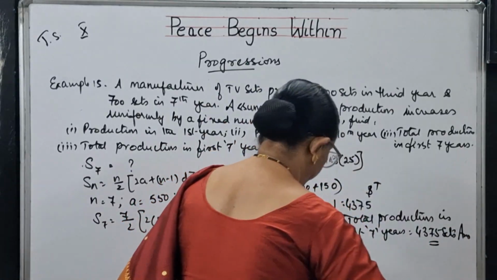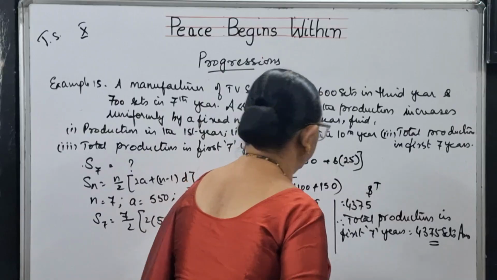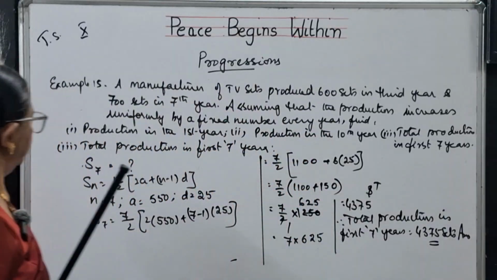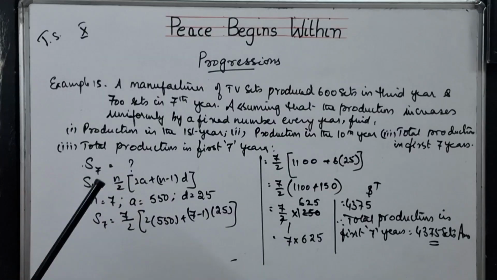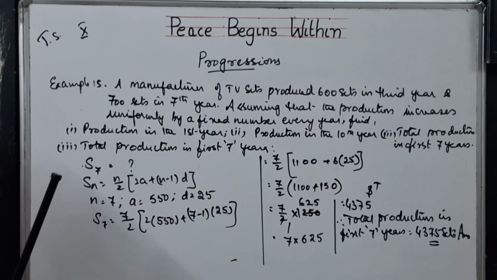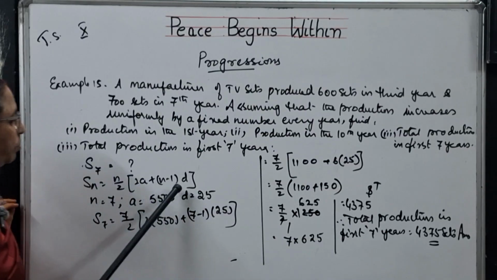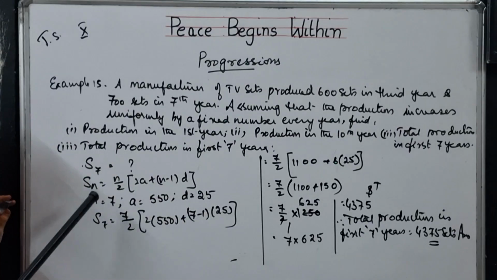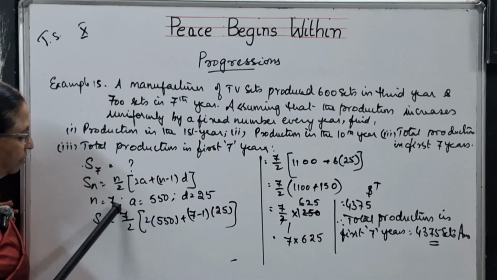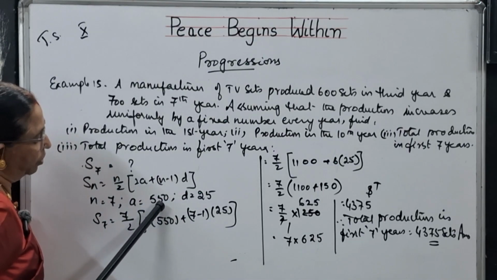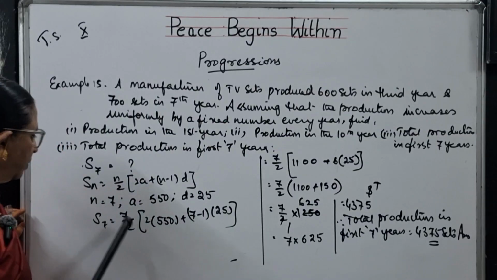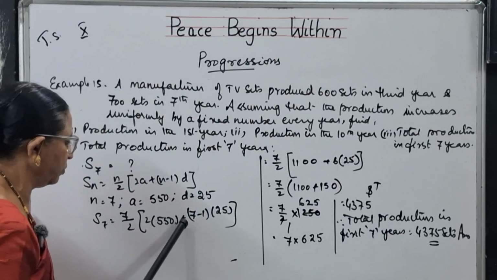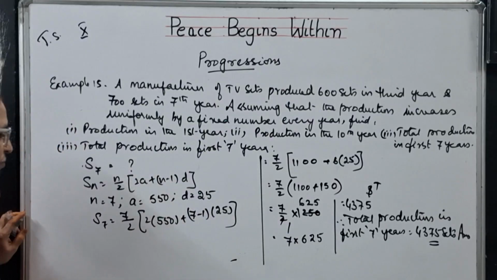So let us check once again. Now here total production in first 7 years means sum to 7 they are asking. So sum to n terms is n by 2 into 2a plus n minus 1 into d. Here n is 7 they are asking. A is already we got 550, D is 25. So S7 is equal to 7 by 2 into 2 into 550 plus 7 minus 1 into 25.